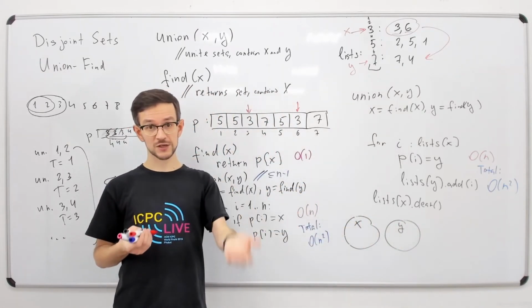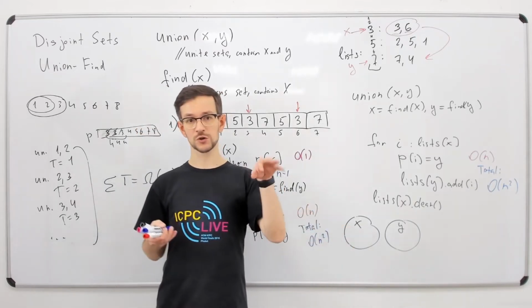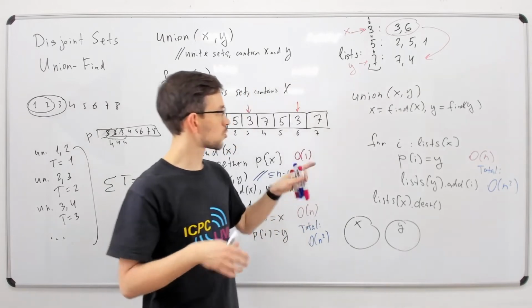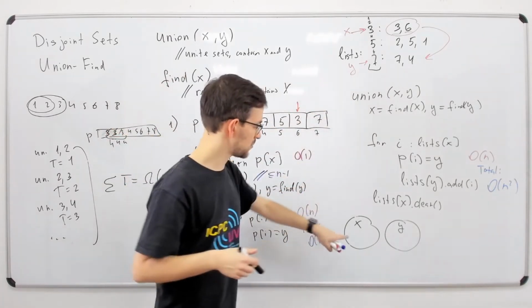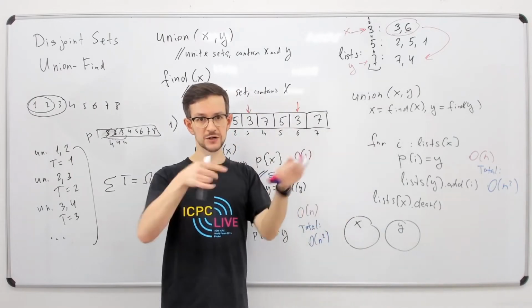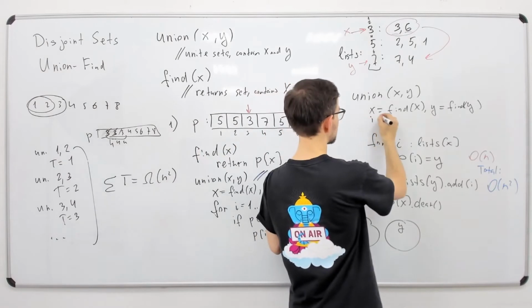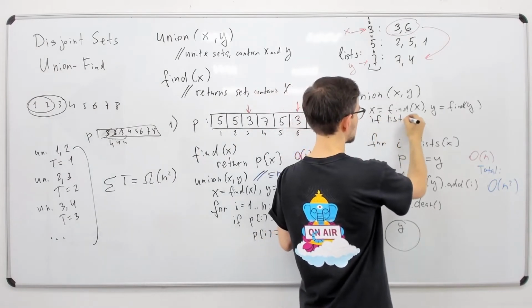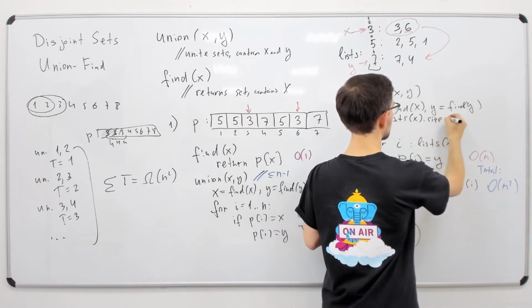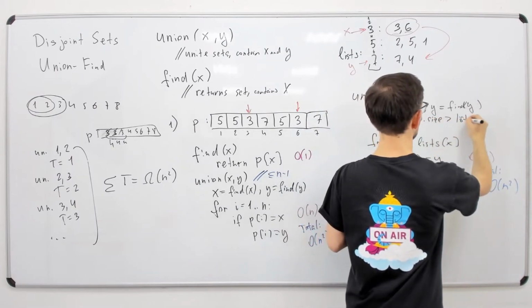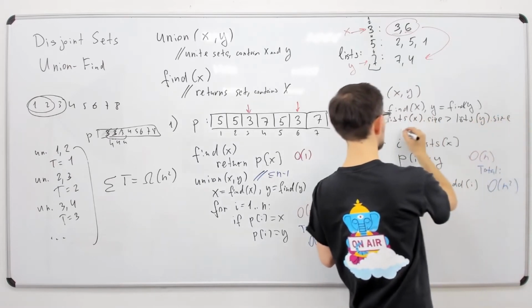Let's look at the size of these two sets, and let's make x the smaller of these two sets. So let's look at the size of these lists, for example. And if x is the bigger of these two sets, we just swap them. So if the size of x's list is bigger than the size of y's list, we just swap them.